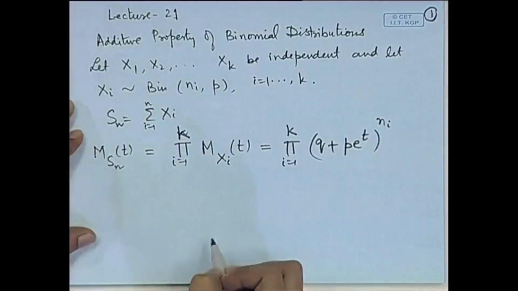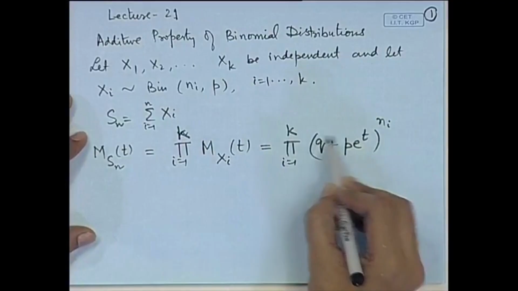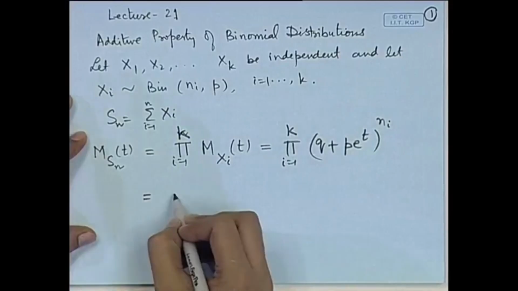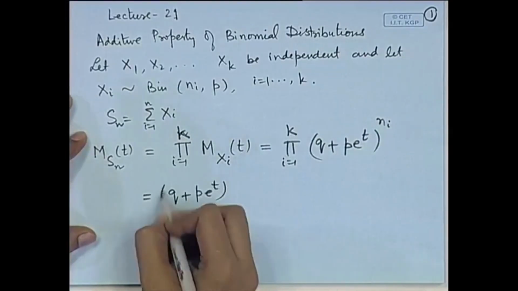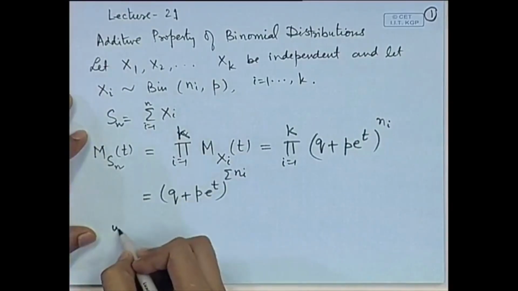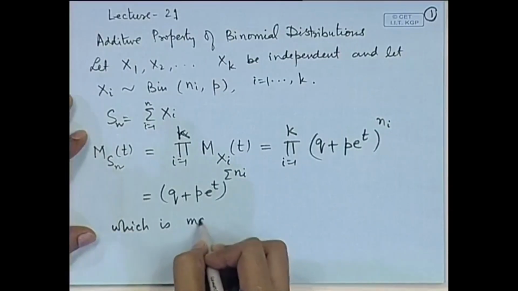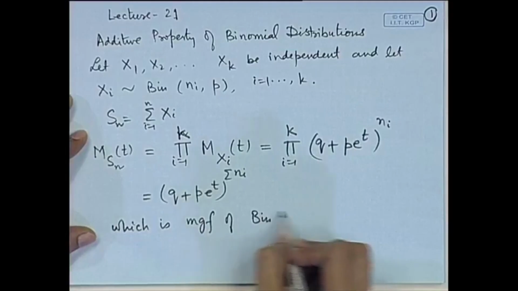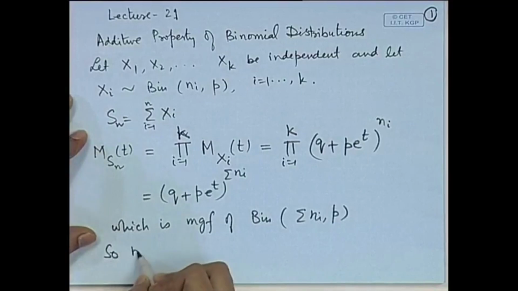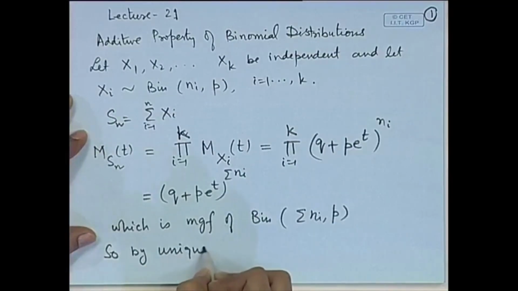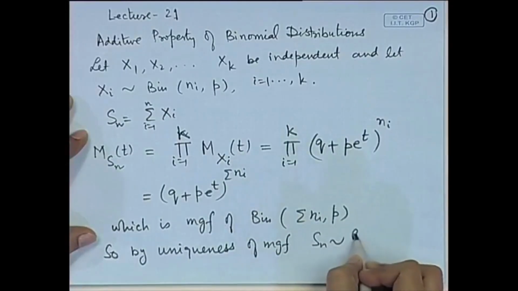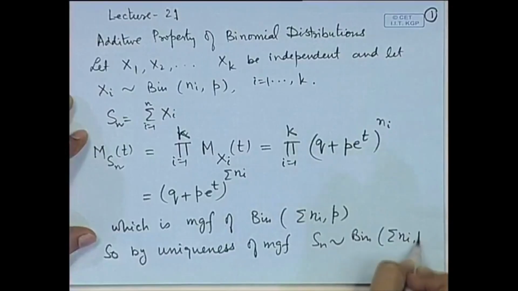Since the base is the same, the powers are added up and it becomes (q + p e^t) to the power sigma ni, which is the MGF of a binomial(sigma ni, p) distribution. So, by the uniqueness property of the MGF, Sn must follow a binomial(sigma ni, p) distribution.